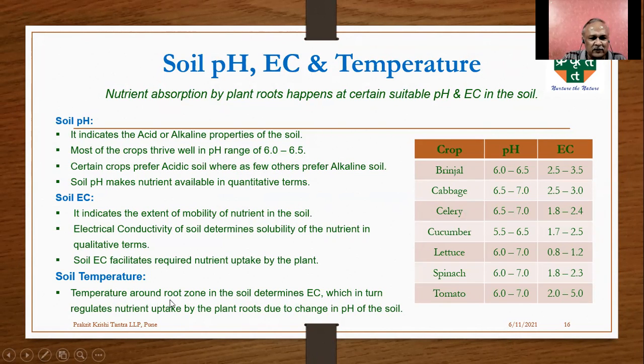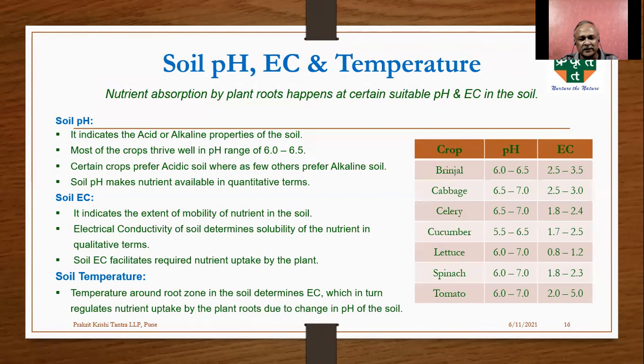The temperature around the root zone in the soil determines the electrical conductivity, which in turn regulates nutrient uptake by the plant roots due to change in pH of the soil. So temperature actually regulates these two factors, because temperature means soil temperature, and soil temperature means the moisture in the soil. The soil solution of the nutrient regulates.